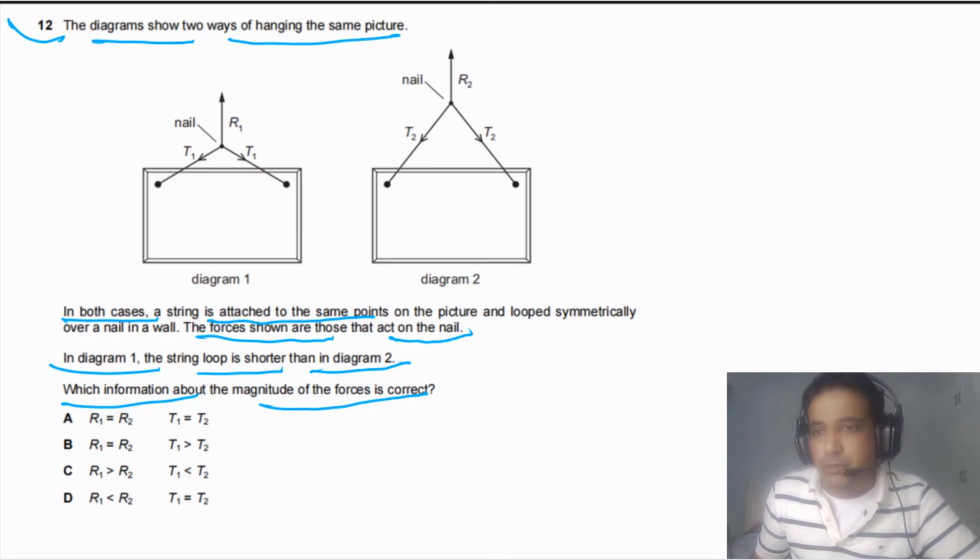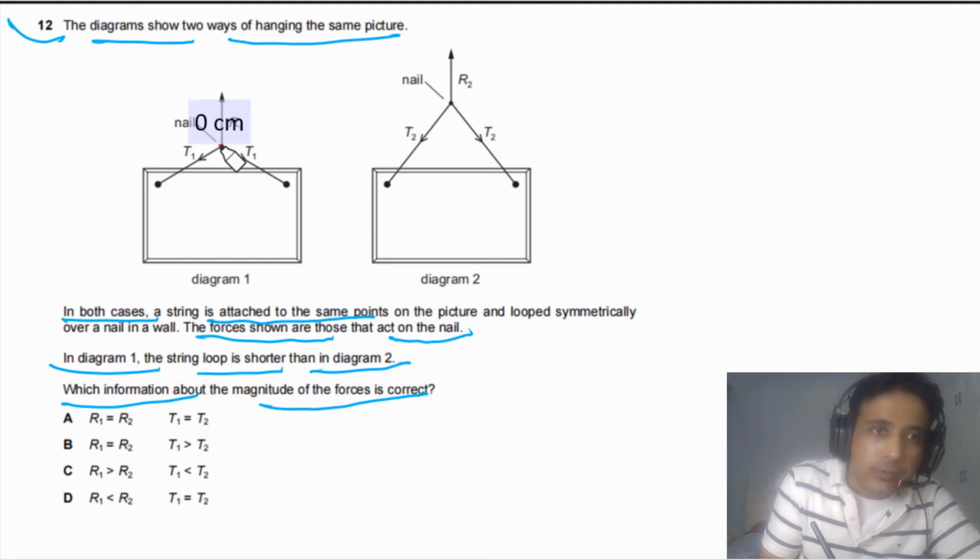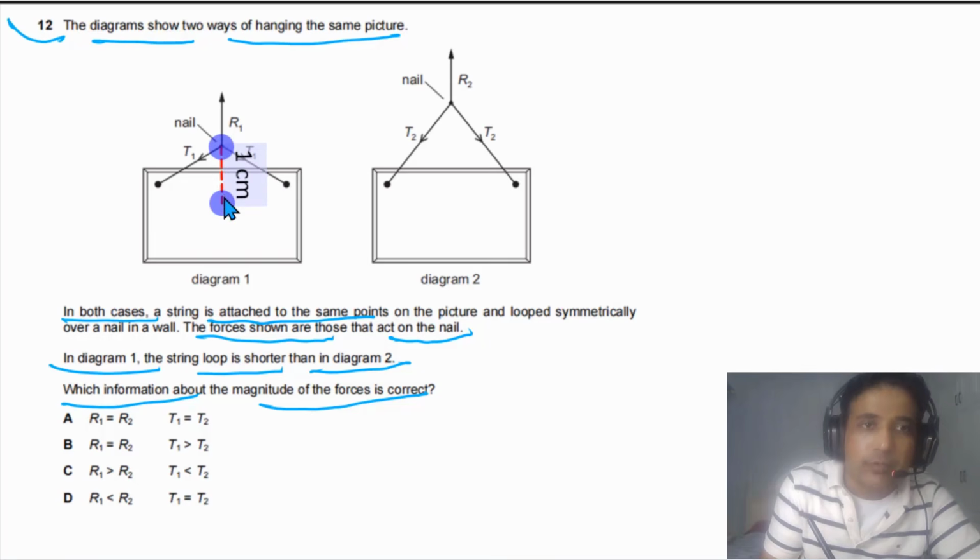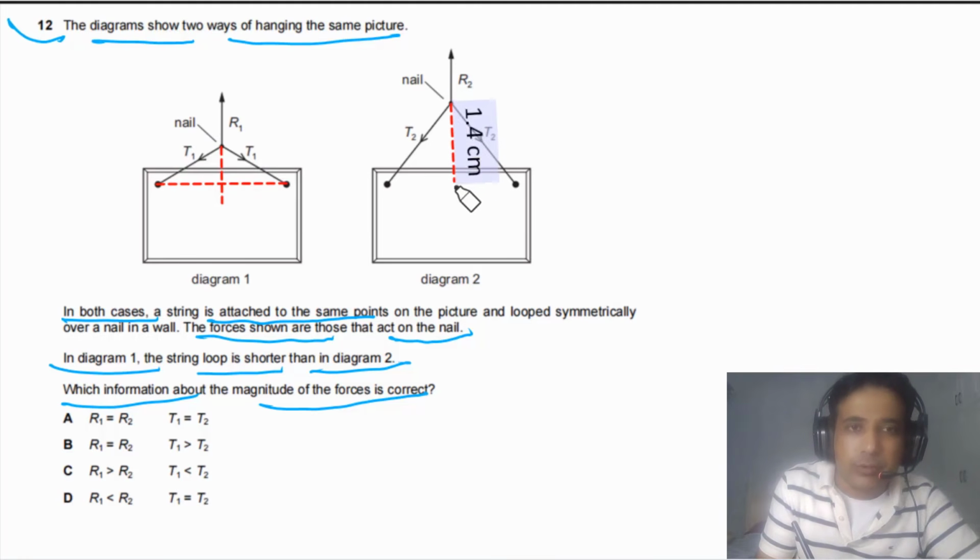In order to compare these two forces, simply first of all we can resolve T1 into its components, into horizontal and vertical components. So simply we can draw the line here. We can also draw another line here, and the same we can do for T2. So we can resolve into components, vertical and horizontal components.